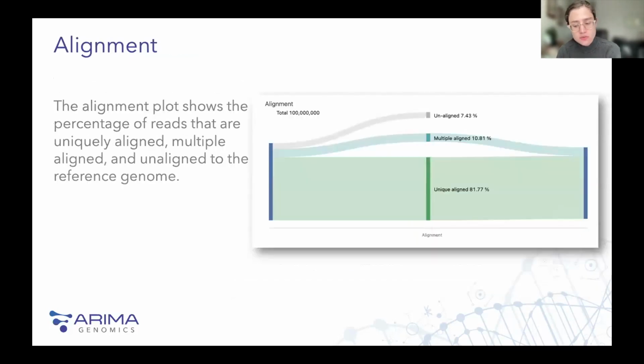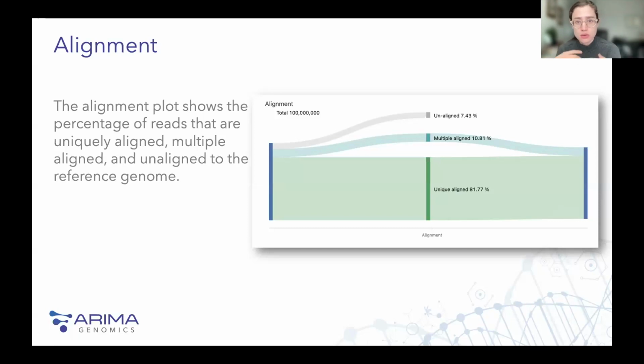The alignment section gives you information about your reads, how they aligned on the genome. So we have the uniquely aligned reads. These are the ones that are used basically for all of the downstream analysis. So all the reads that aligned on a specific area on the genome are maintained. There will be some reads that align in different areas of the genome.